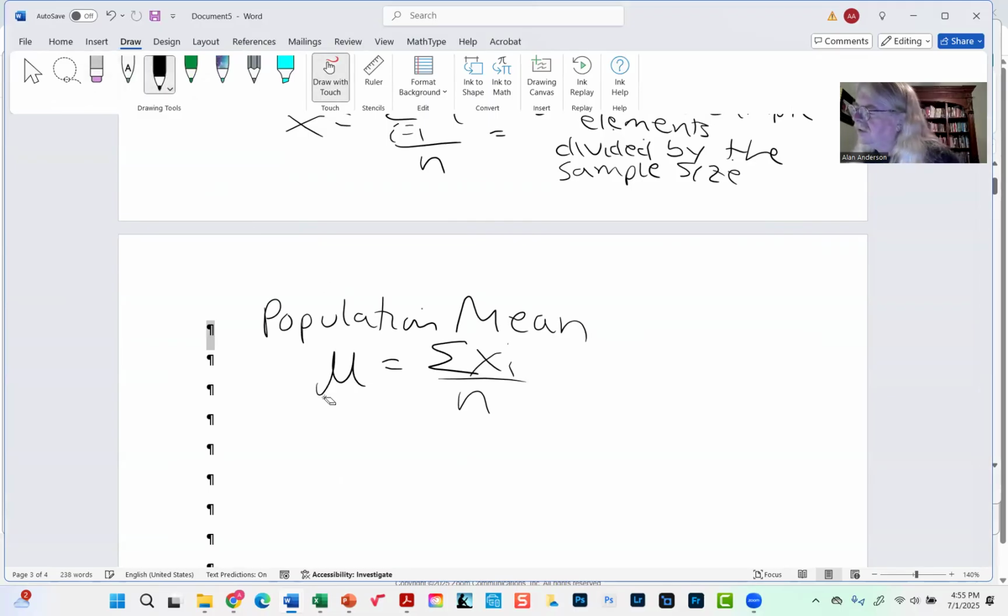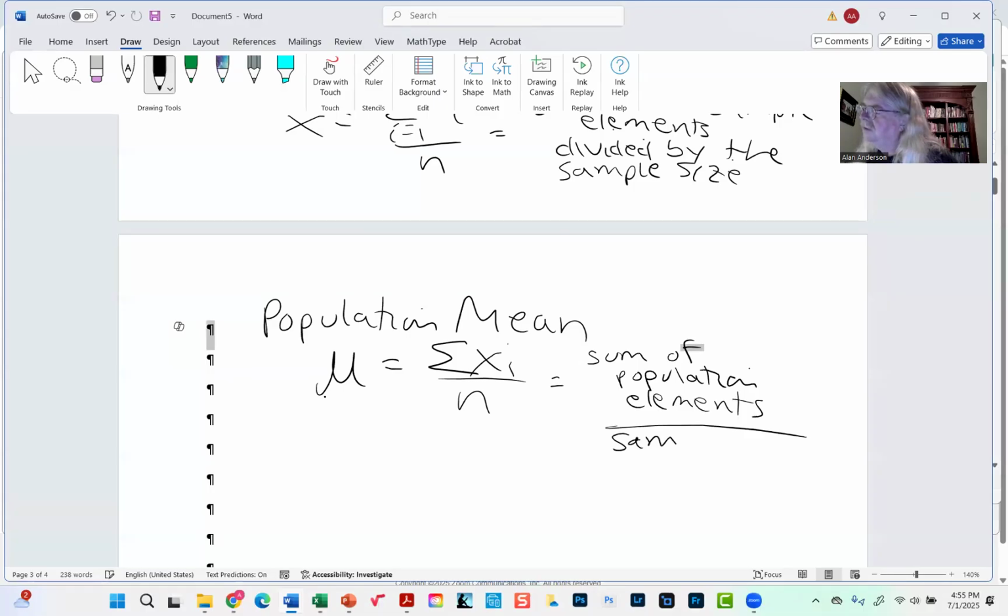The process is the same. It's a sum of population elements over the population size. That's it, which makes perfect sense, I'm thinking.